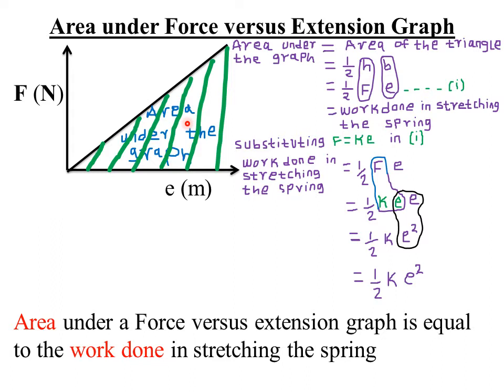Therefore, we are concluding that the area under a force versus extension graph is equal to the work done in stretching the spring. Also remember that whenever we talk of force versus extension, it means the force will always be on the vertical axis, and the extension will always be on the horizontal axis.